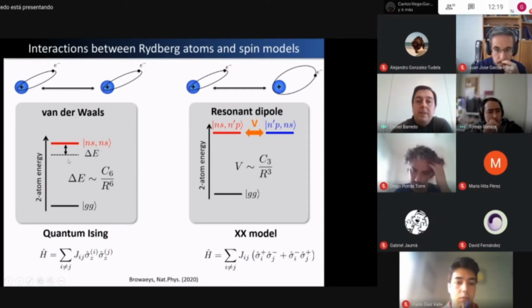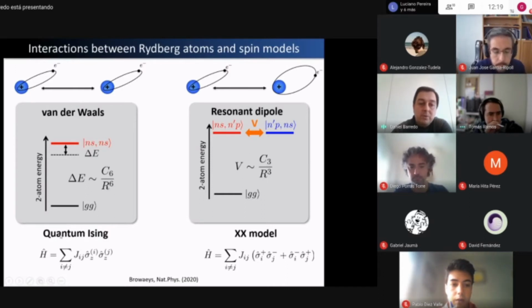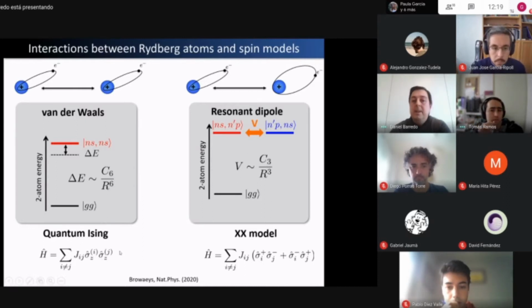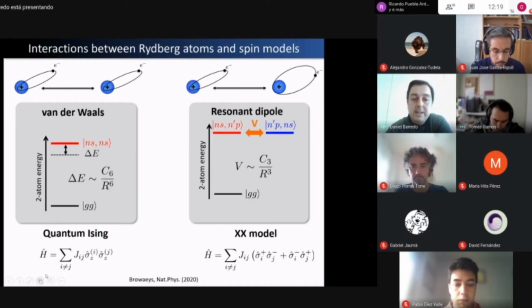And basically the effect of the interaction is to shift this doubly excited state. Okay, this type of interaction can be used to engineer a quantum Ising model, because this diagonal interaction is a sigma z type of term if you express this in terms of the spin language.